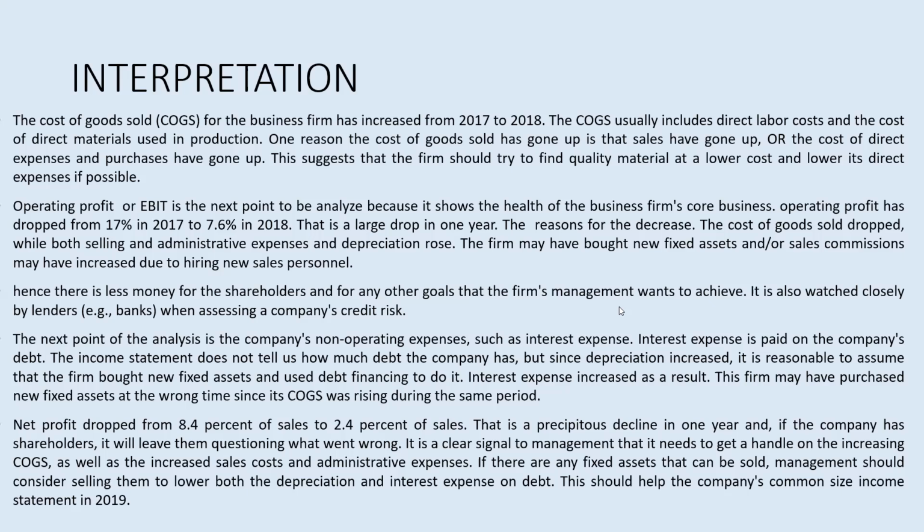So this firm may have purchased a new asset at the same time since the cost of goods sold was rising during the same period. So we can see that the cost of goods sold has increased.